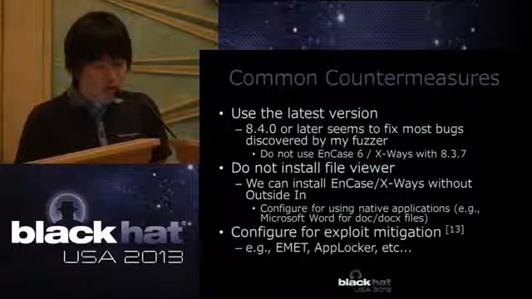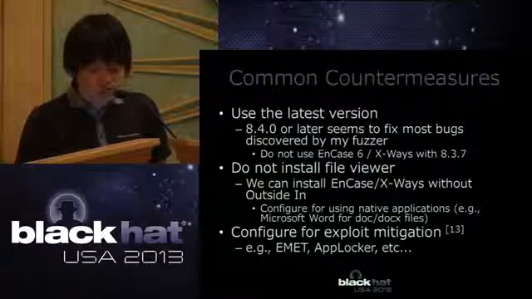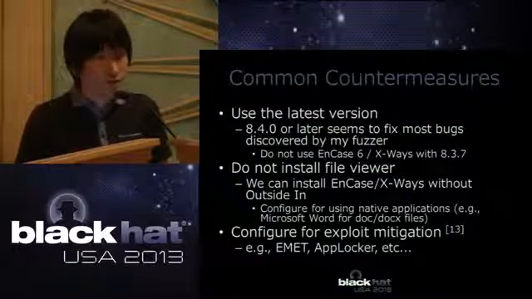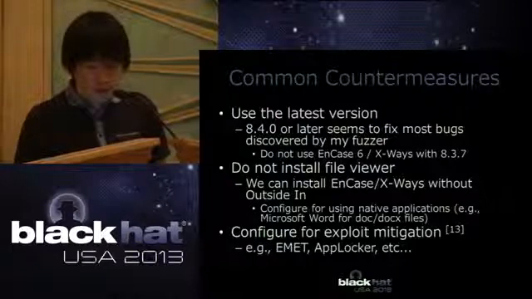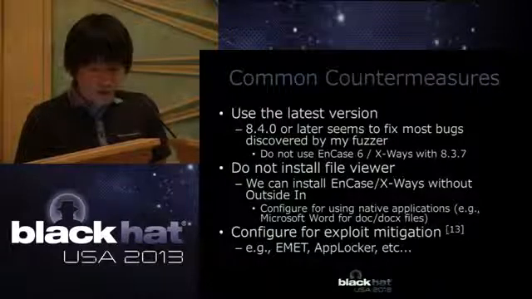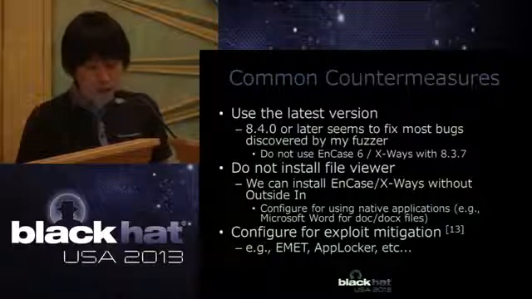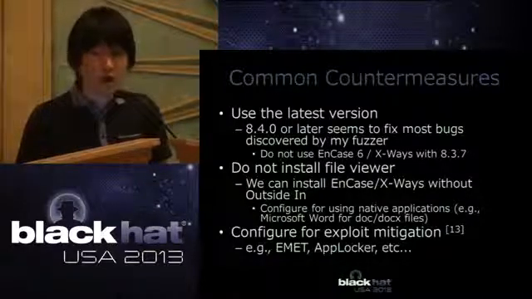Instead, configure for using native applications. For example, set Microsoft Word for viewing doc and docx files. Last but not least, configuration of exploit mitigation like EMET and AppLocker is also effective.